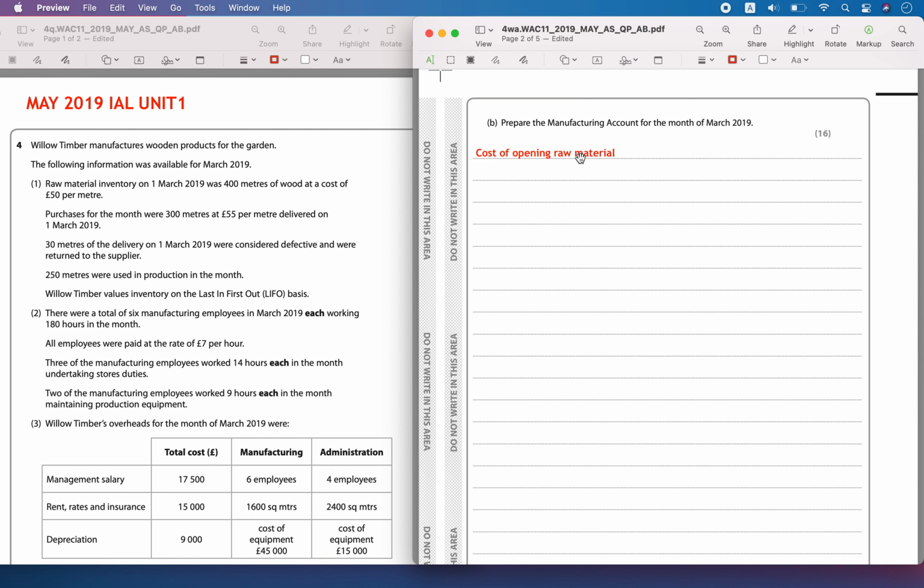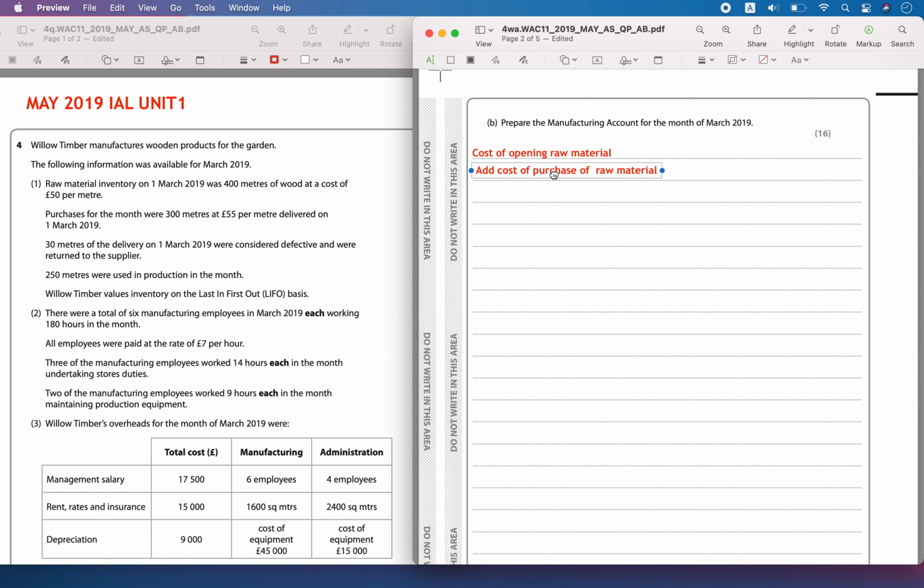Then you will add any purchases of the raw material, the cost of purchases of raw material.